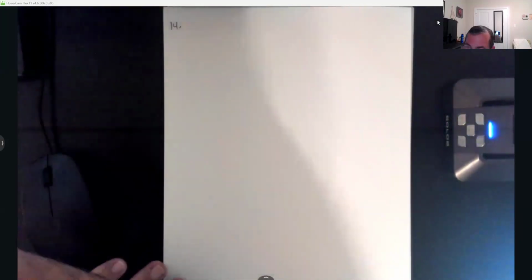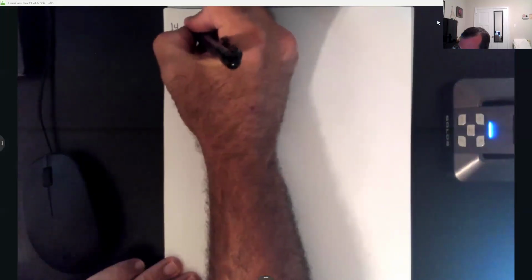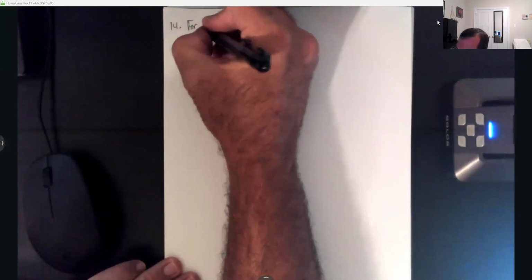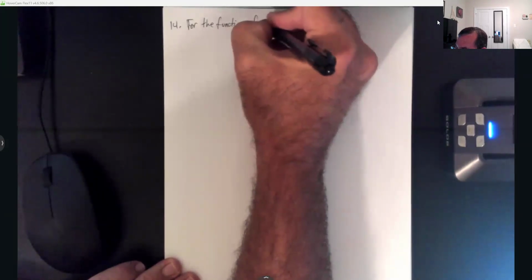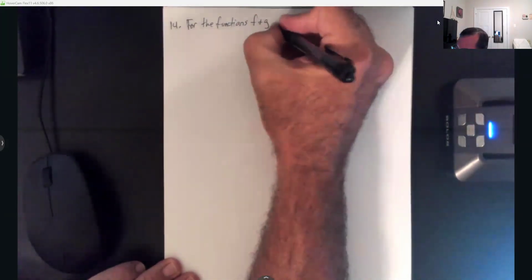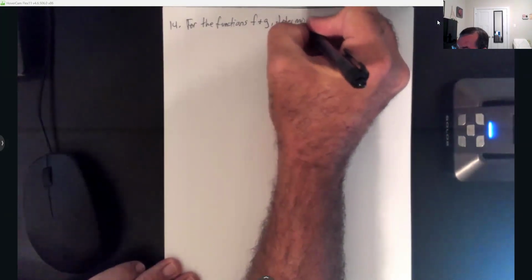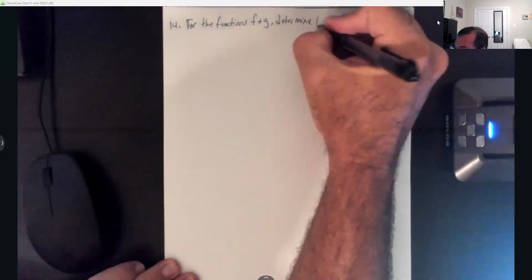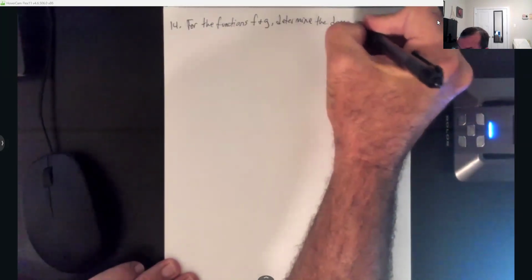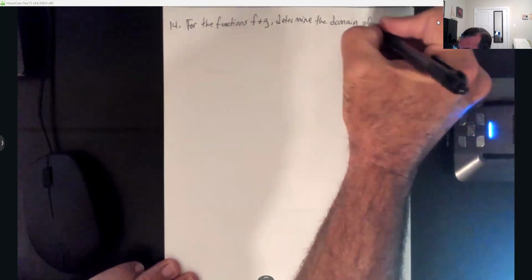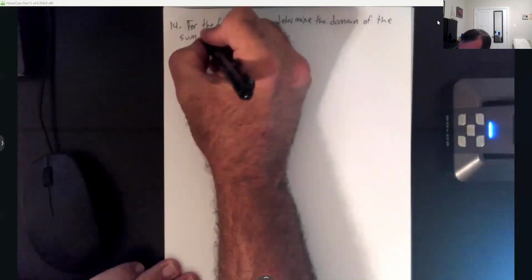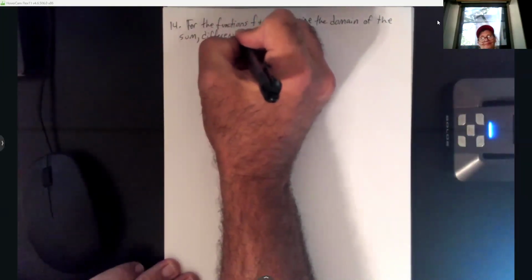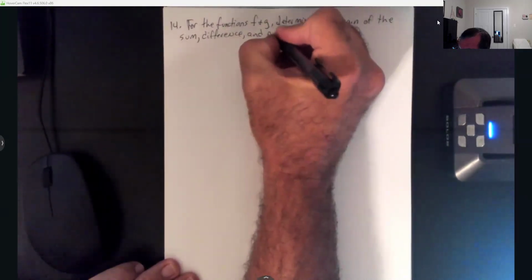All right, y'all. So they're going to change the game up on us a little bit. For these instructions, they say for the pair of functions f and g, determine the domain of the sum, difference, and product.